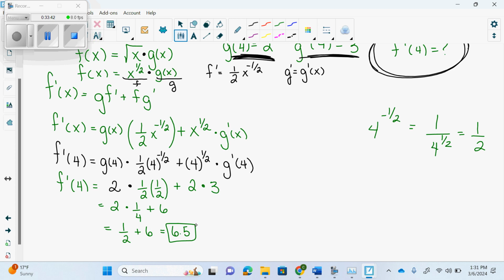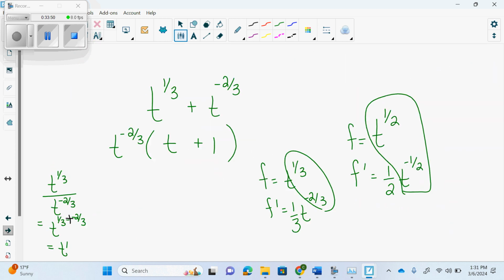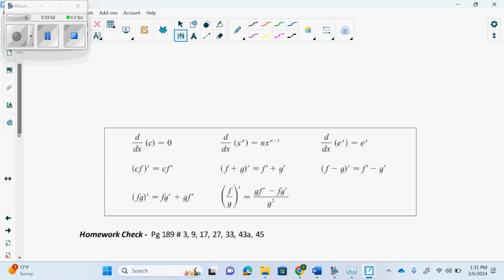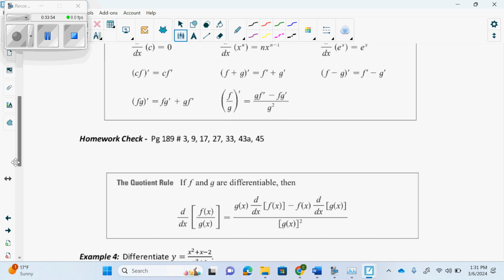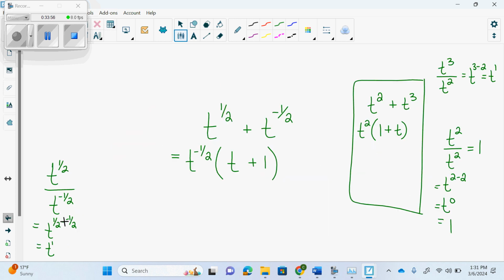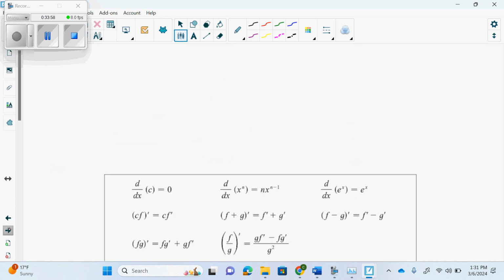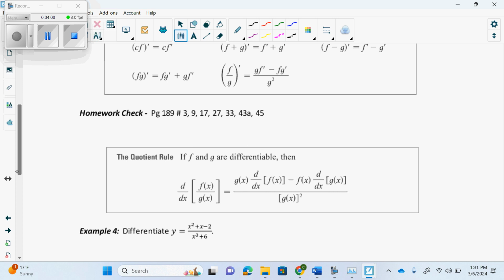We will do more in a second here, but I want you to practice a couple of these. We will come back, don't worry. I want you guys to try these. These are all product rule.